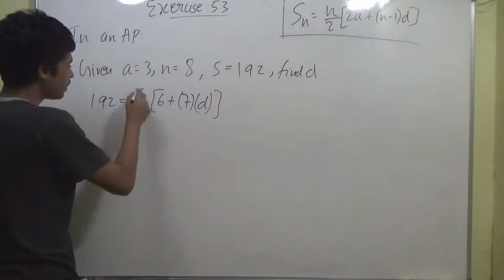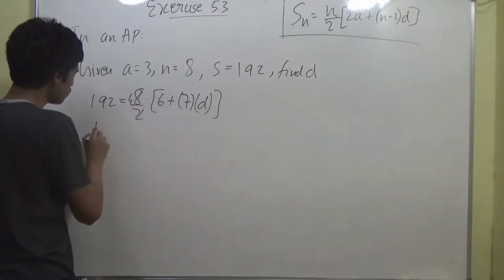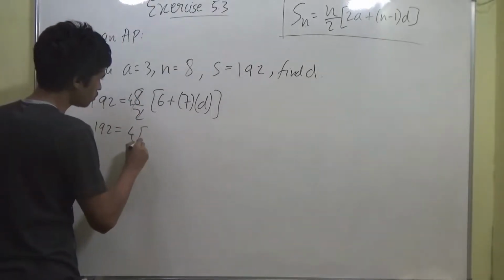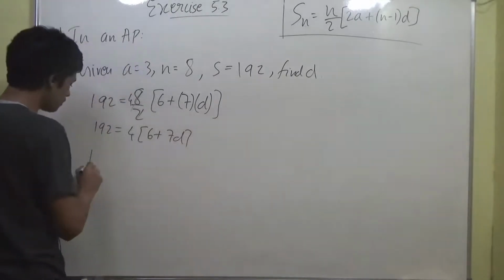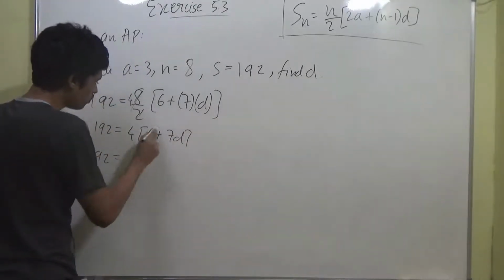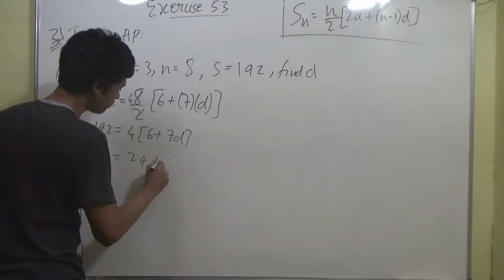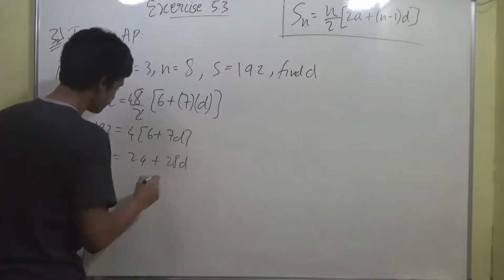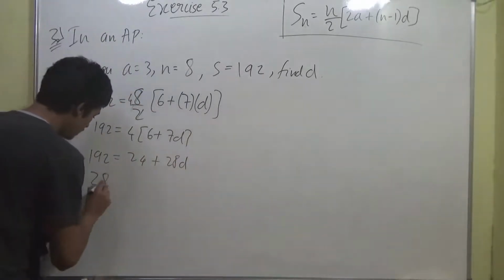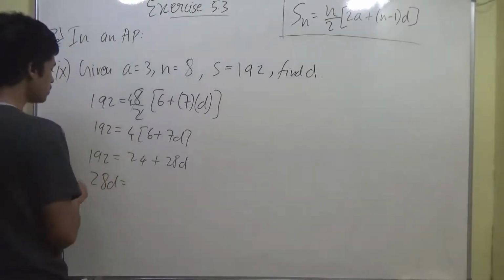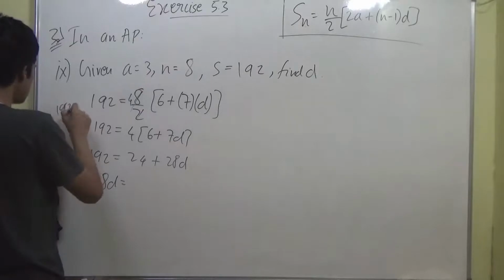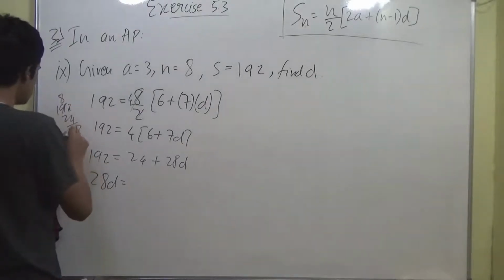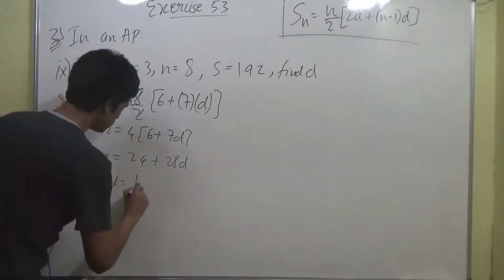Now if I simplify this, it's going to become 192 equal to 4 into 6 plus 7d. Now if I expand this, guys, it's going to become 192 equal to 4 into 6 is 24 plus 28d. So 28d will become equal to 192 minus 24. So 192 minus 24 will become equal to how much? 168.